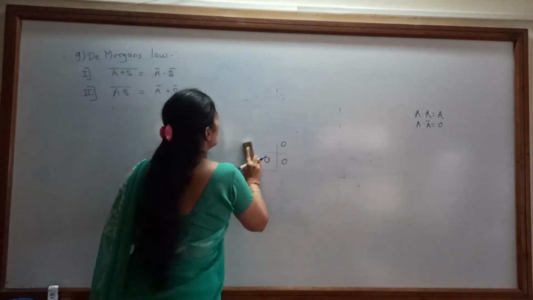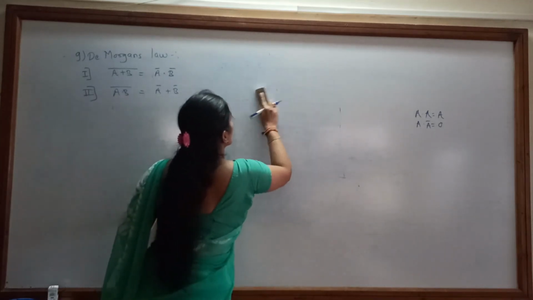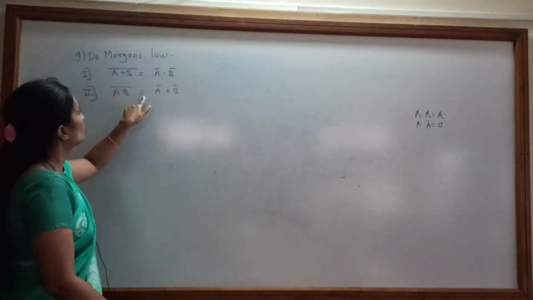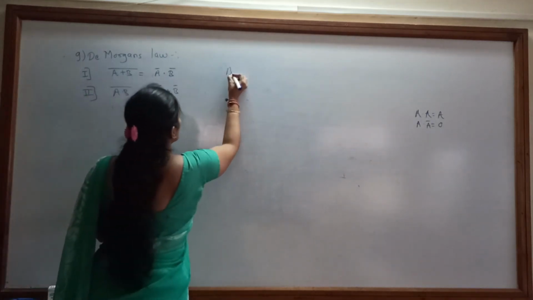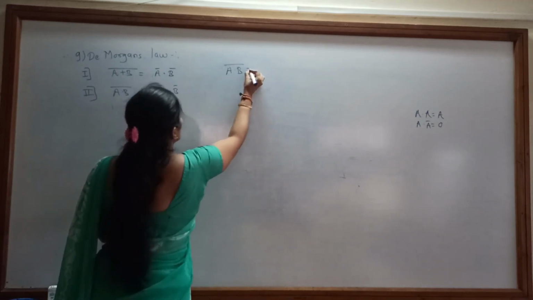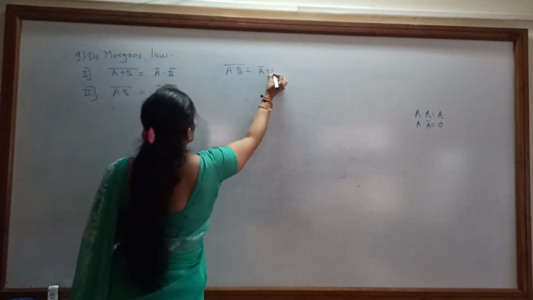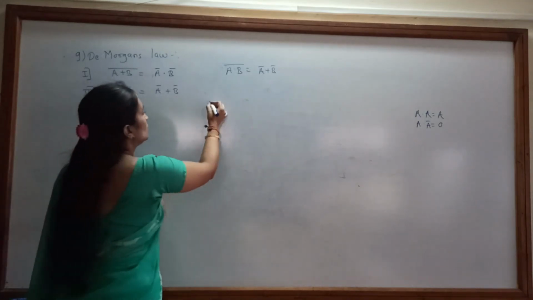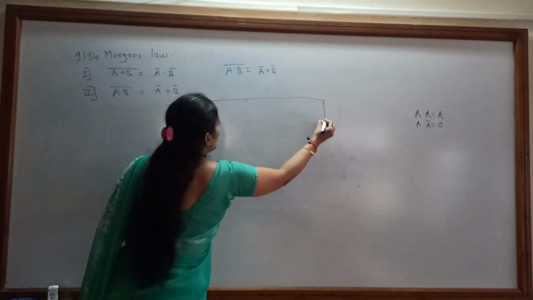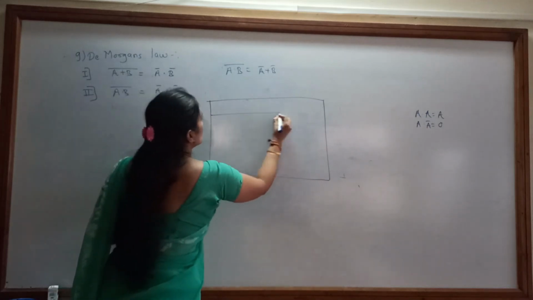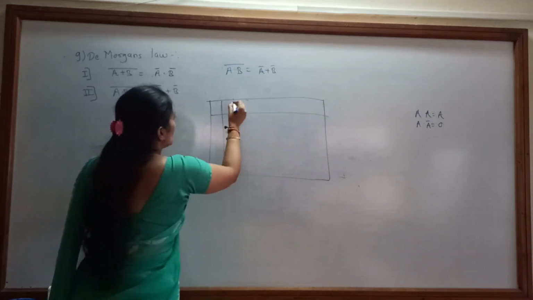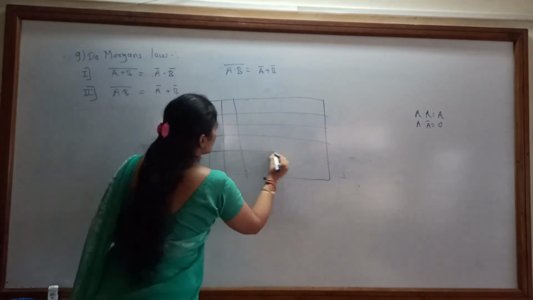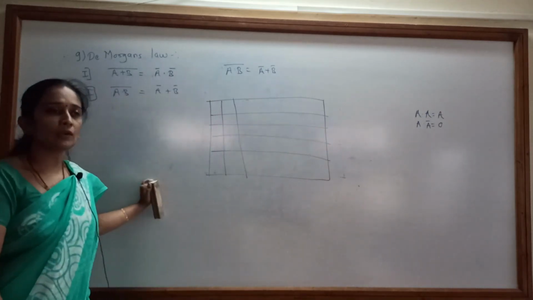We have written here A into B whole complement is equal to A complement plus B complement. Again we will draw the same. A, B, 4 possibilities. Now which terms we want?